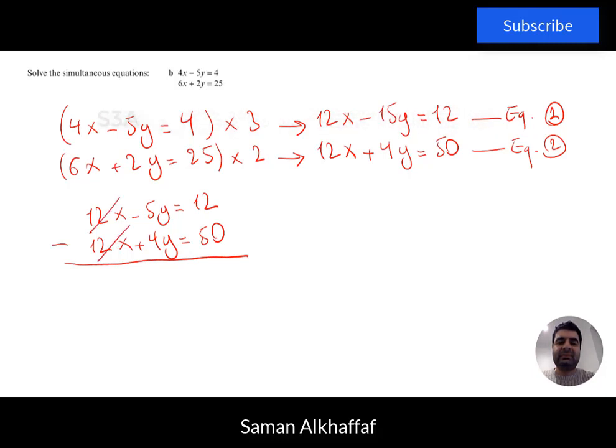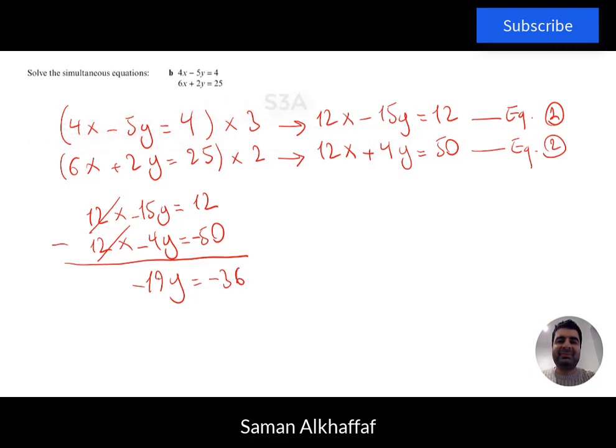So the x will disappear, and we would have minus 15y, and because of the minus, minus 4y, and also minus 50, so that will give us minus 19y equal 12 take away 50, which gives us minus 38.